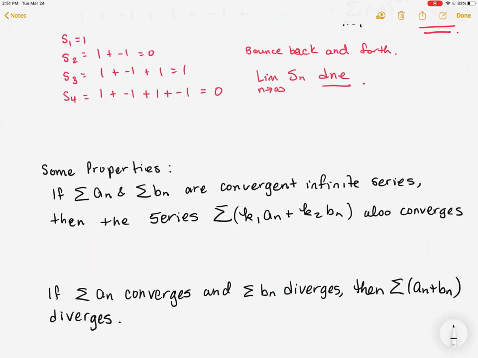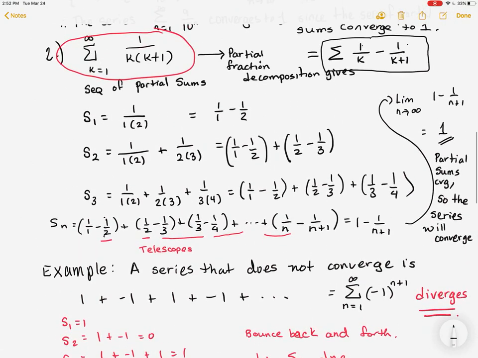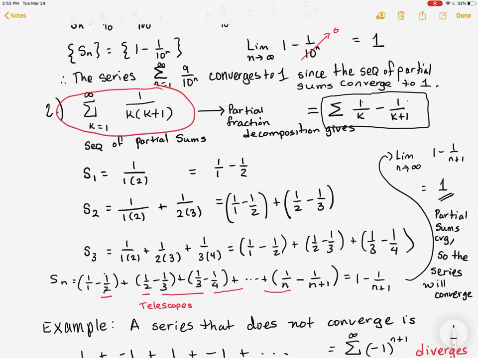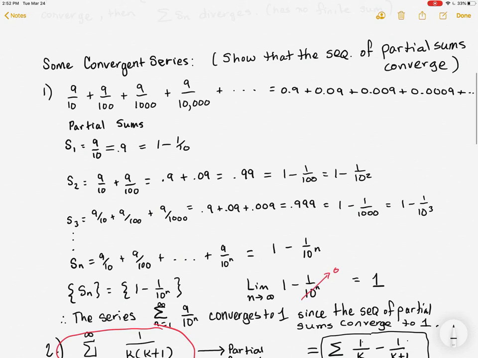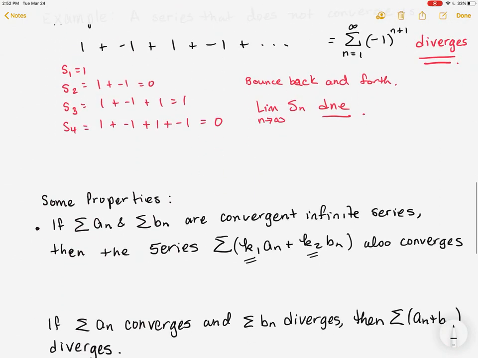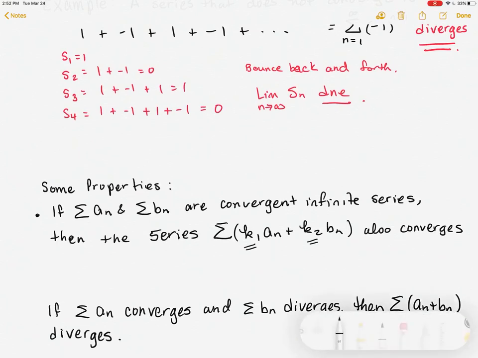A couple of important properties. The first one says that the sum of two convergent series forms a series that itself is convergent. In fact, any scalar multiple of those series will converge. For example, up above, we had this series, 1 over k times k plus 1, and this series, adding a bunch of 9/10ths together. I can make a new series out of that.